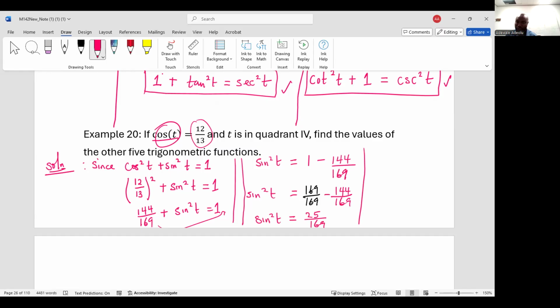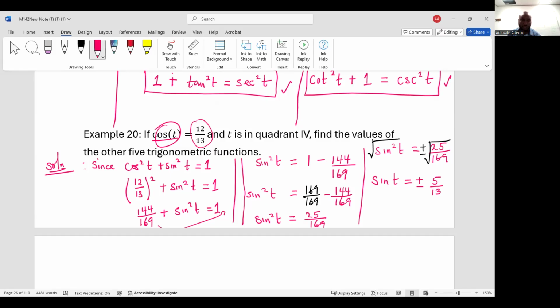Therefore, I can square root both sides. Then I need to introduce plus or minus here. So this is sine of t equals to plus or minus 5 over 13.